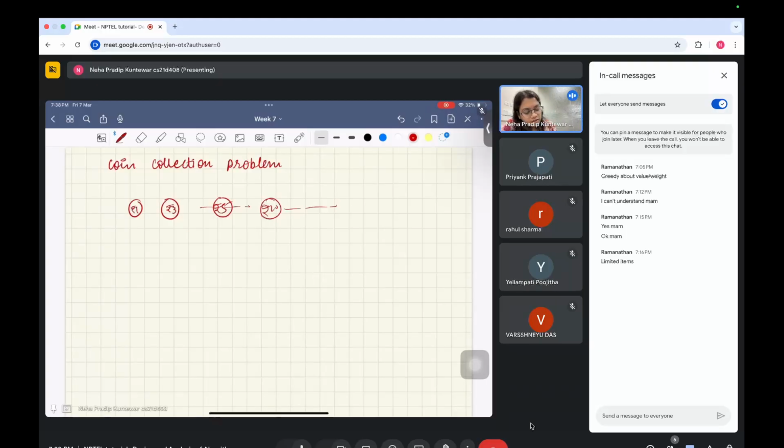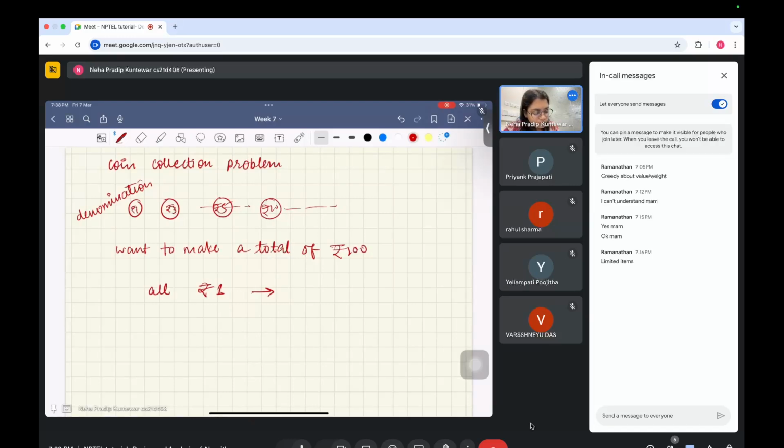I have some denominations, some coins here. Okay, and I want to make a total of 100 rupees with it. So how can I do that? Either I can take all 1 rupee coins. If I just use 1 rupee coins, how many do I need?